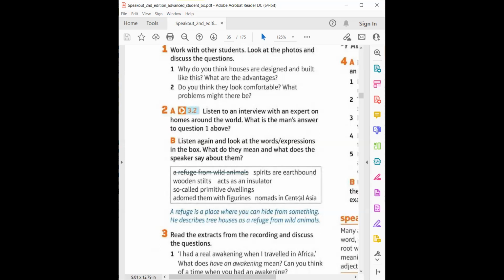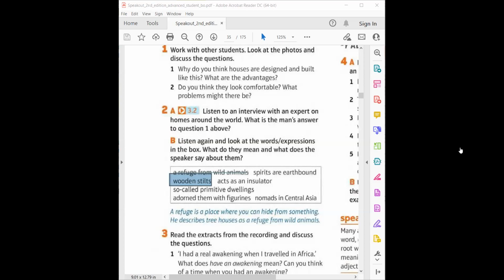Now, wooden stilts. Do you have any idea what stilts means? No. I will show you. I think I have a picture there. They use them in the first picture for the houses. They are like wooden sticks that they use to make something higher, like those.